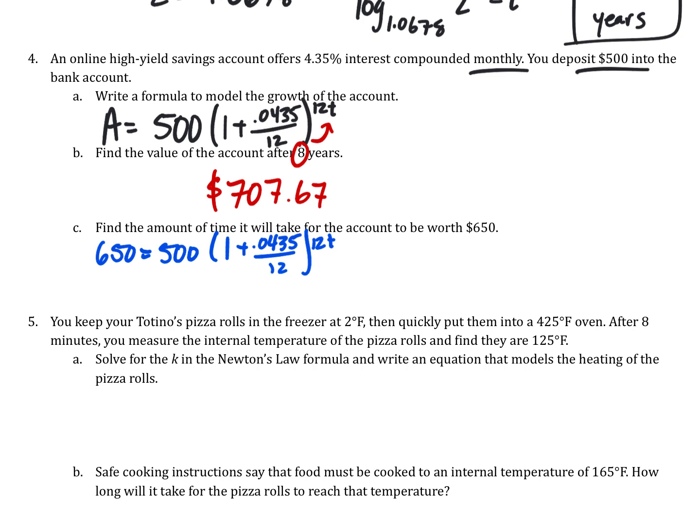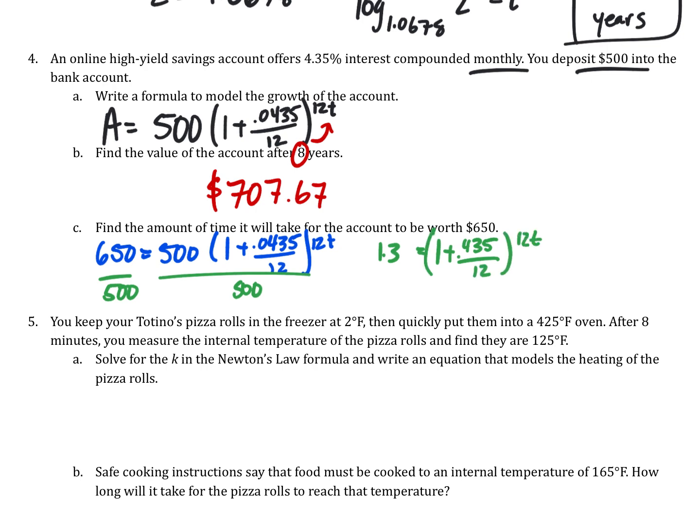Divide both sides by 500. I get whatever 650 divided by 500 is, which is 1 3/10. So 1.3 equals 1 plus 0.435 over 12 to the 12t.